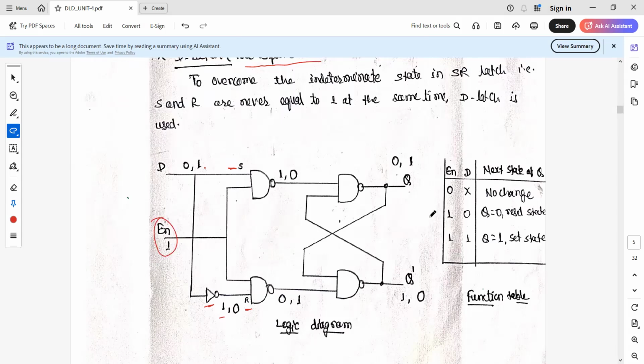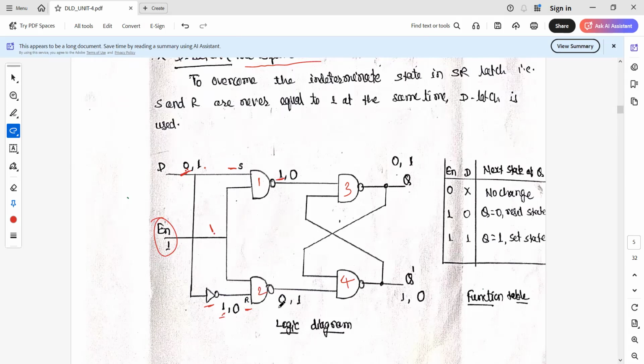So if you see the situation here, if we take D as 0, we can mark the gates 1, 2, 3, 4. For NAND gate 1, one input is 0, and another input, enable, is 1. So 0, 1 is the input. What will be the output of the NAND gate? It is 1. Similarly here, the inputs to NAND gate 2 are 1 and 1.